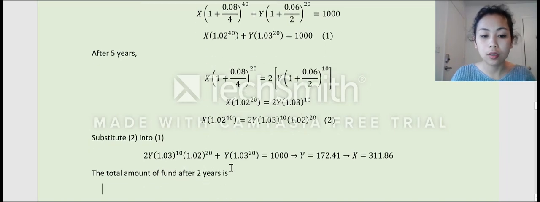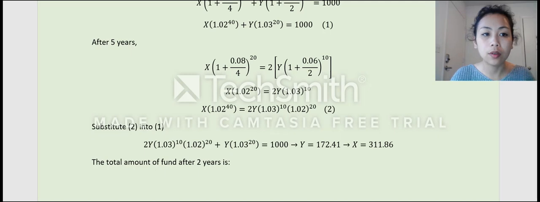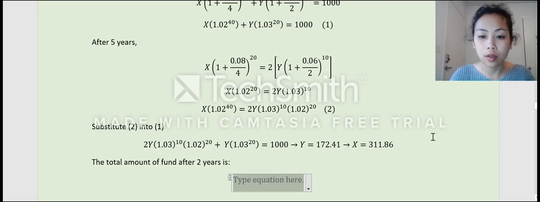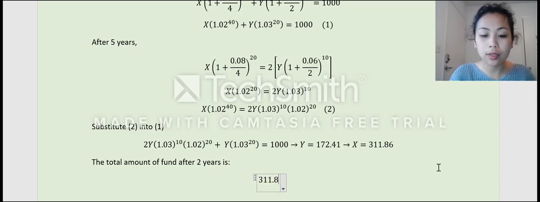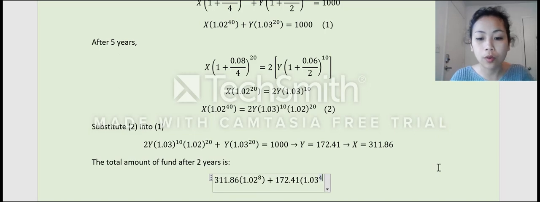We have X, which is 311.86 times 1.02 to the power of 8, plus Y, which is 172.41 times 1.03 to the power of 2 times 2, which is 4.